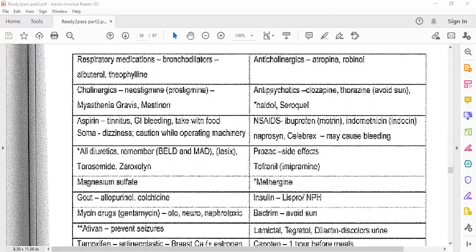Sometimes the NCLEX board asks how long it takes for an antipsychotic to start to work. So usually they take up to 4 to 6 weeks to reach their full effect.